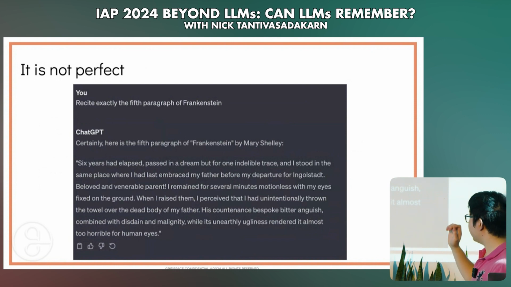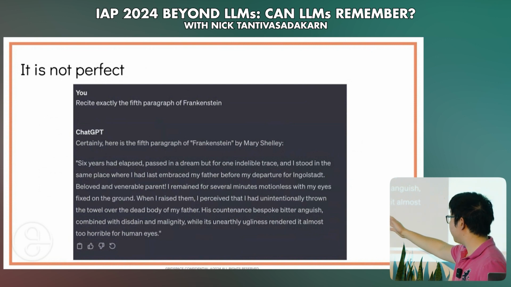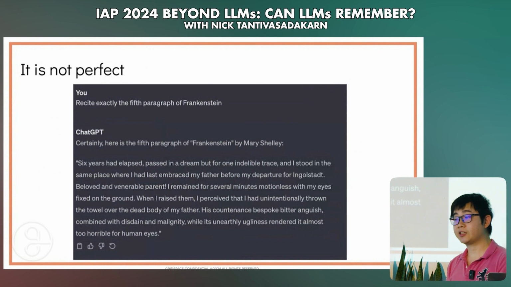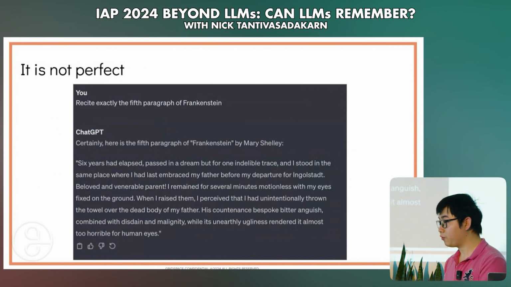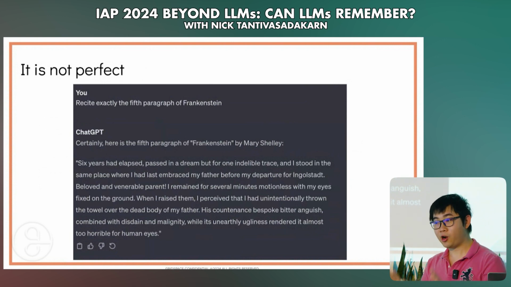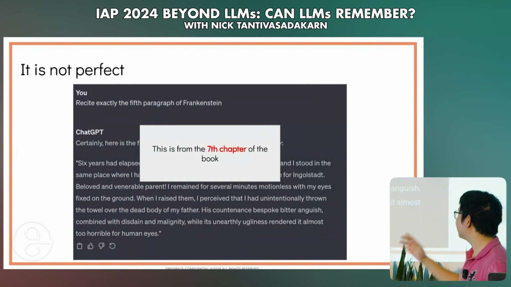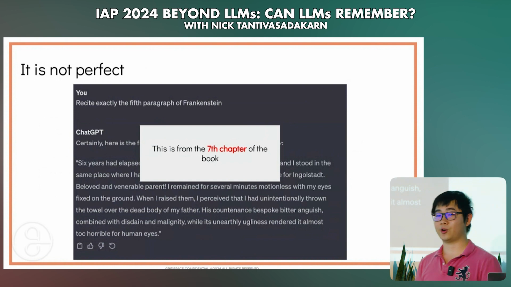So it outputs a paragraph. I checked it. It matches exactly to the text, word for word. There is nothing wrong with it, except it's from the wrong chapter. This is actually from the middle of the 7th chapter, where I was actually asking for the 5th paragraph in the 1st chapter. So that was weird.